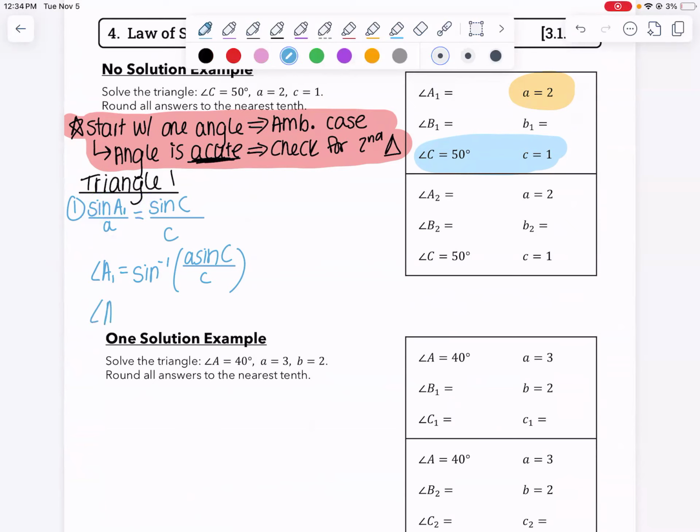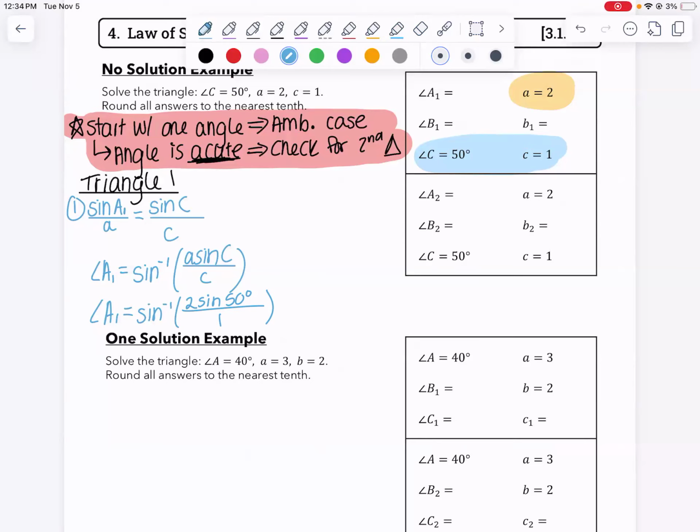Plugging in those numbers, angle A1 is equal to sine inverse of 2 sine 50 degrees all over 1.